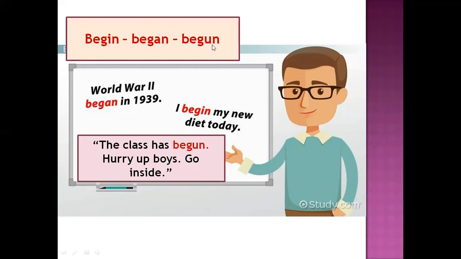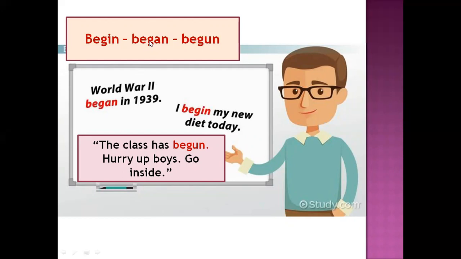Now, when we talk about verbs, can you remember the 12 tenses in active voice? So, according to the tense, we have to change the verb. Now, look at the first sentence. World War II began in 1939. It's a past action.